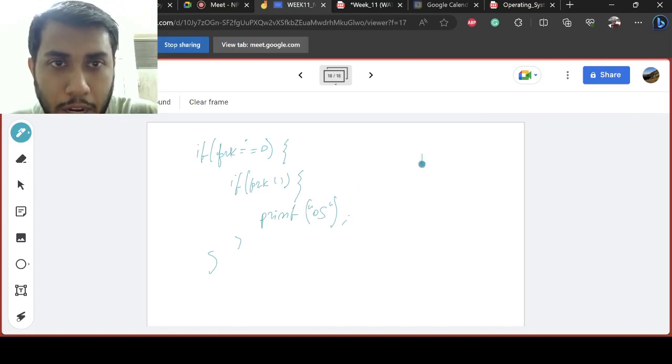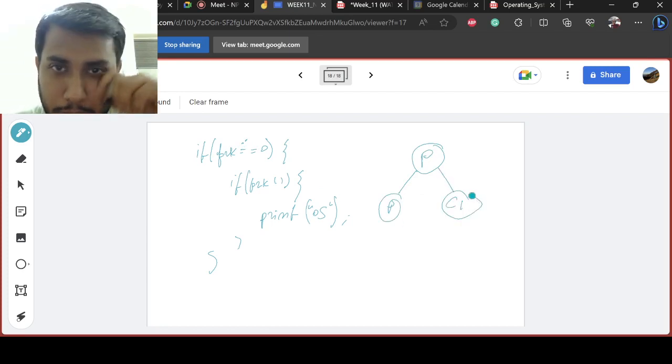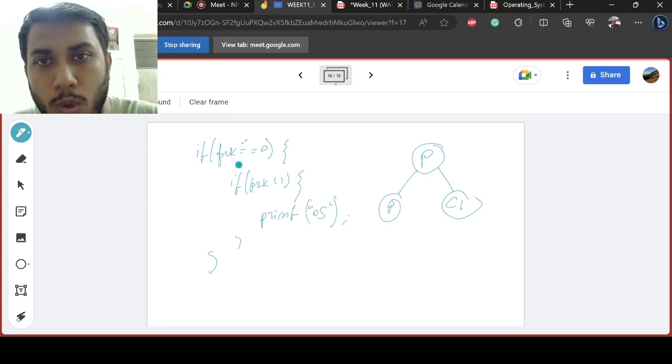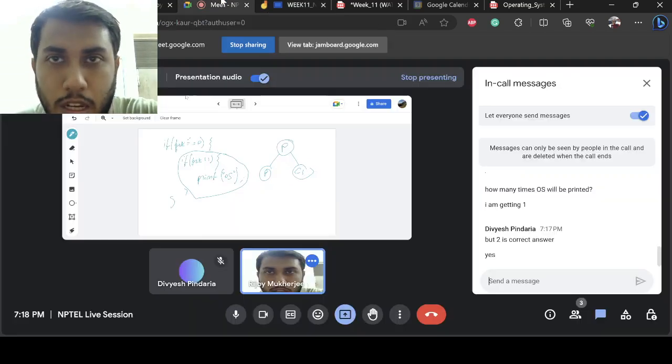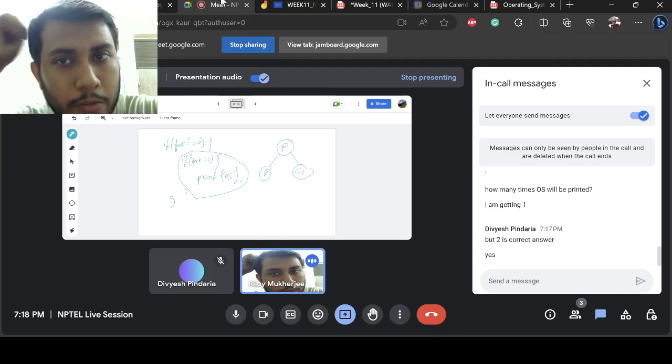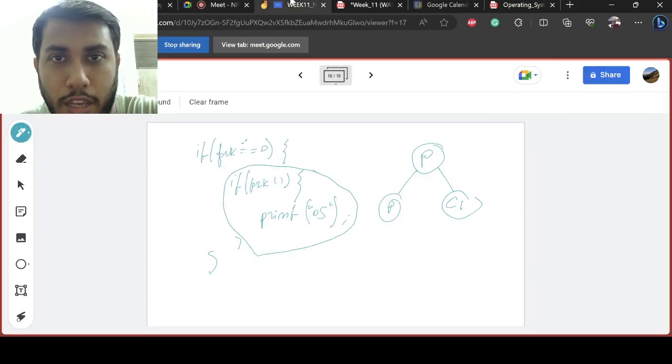Initially there is one parent, right? So what happens here? The parent remains parent, and a child is created. Let us call it C1. So there will be two copies of this. When will this part of the copy be executed?